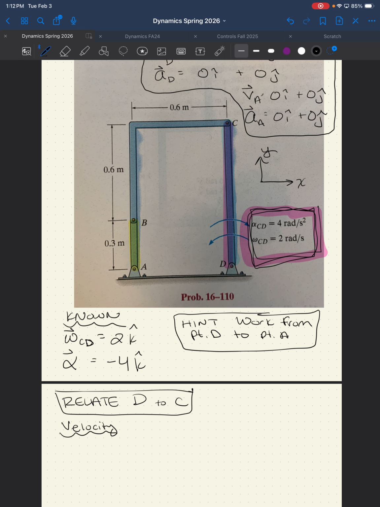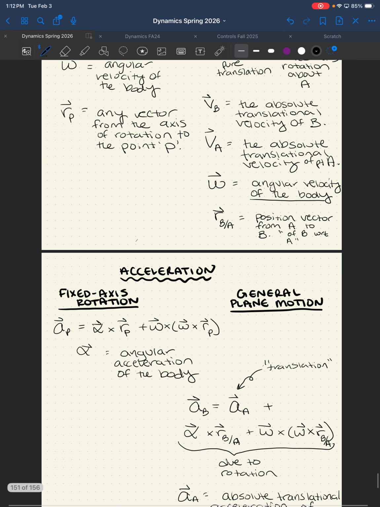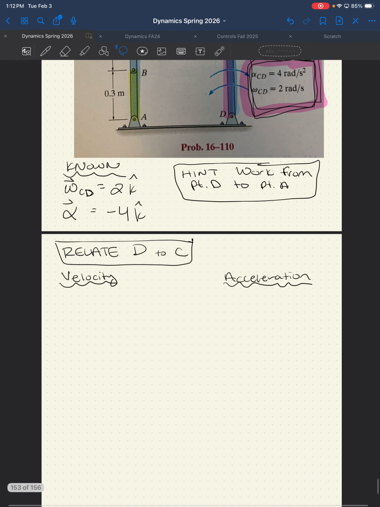Okay. All right, so do we have everything that we need to know? Let's see. I certainly have an expression for the velocity of D. We did a great job of interpreting what was given as an angular velocity vector. And now I need to find the position vector that goes to C from D. So sometimes it can be helpful just to draw that.